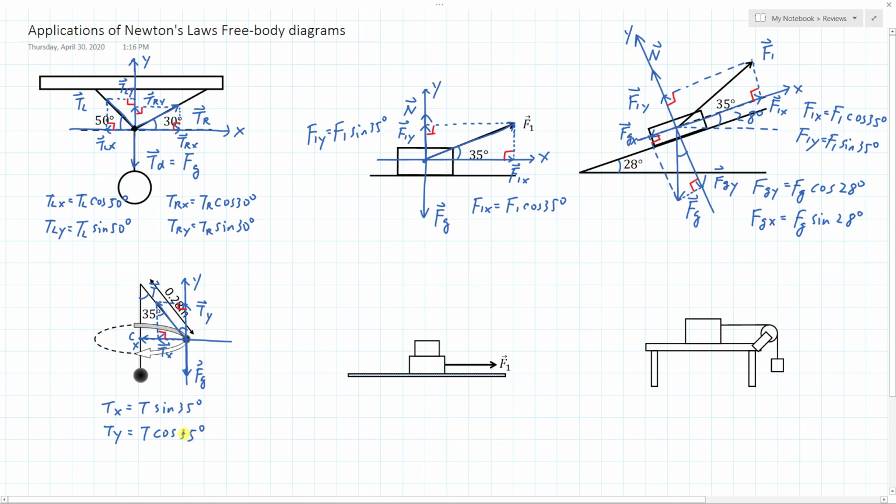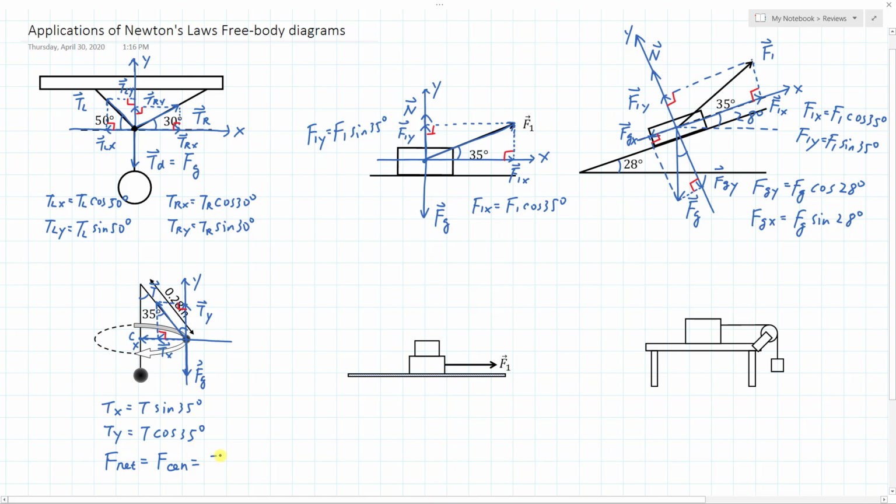And since we know the acceleration is due to forces along this direction, we can easily say that this net force is equal to this centripetal force. Centripetal force is not a force, it's just a net force. The net force that causes a centripetal motion would be called the net centripetal force.